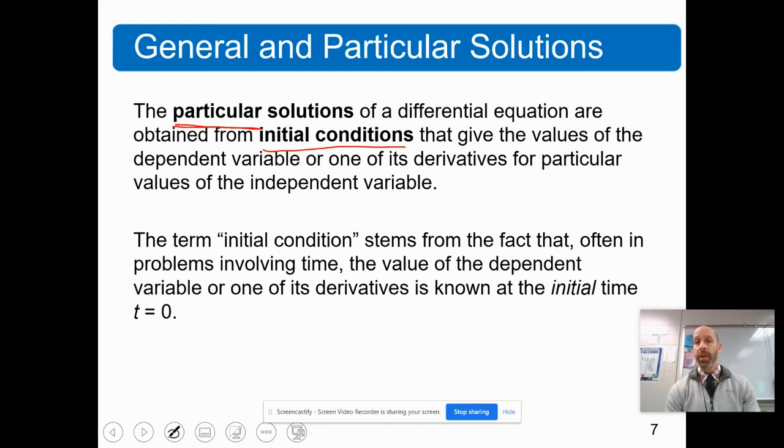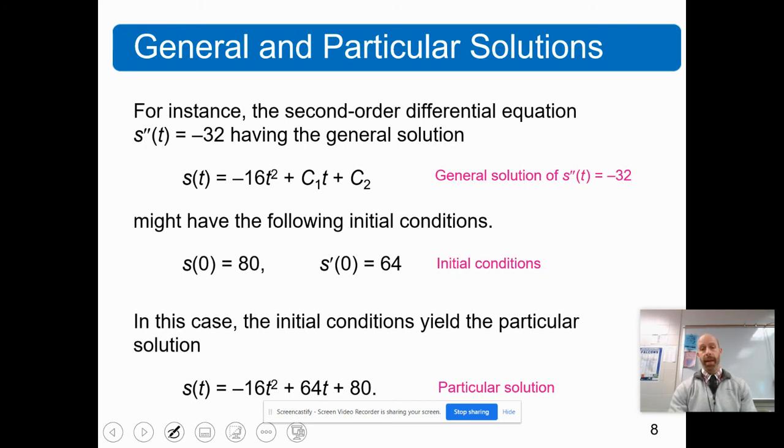The initial condition is going to give you the value of both the dependent and the independent variable of the equation. The term initial condition stems from the fact that often in problems involving time, the value of the dependent variable or one of the derivatives is known at the initial time, t equals 0. So let's look at an example.